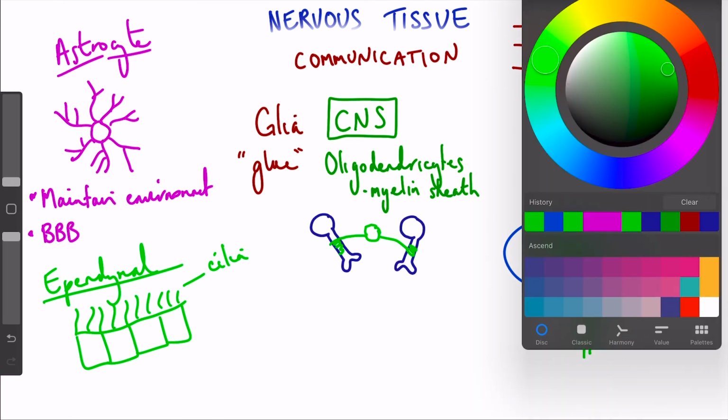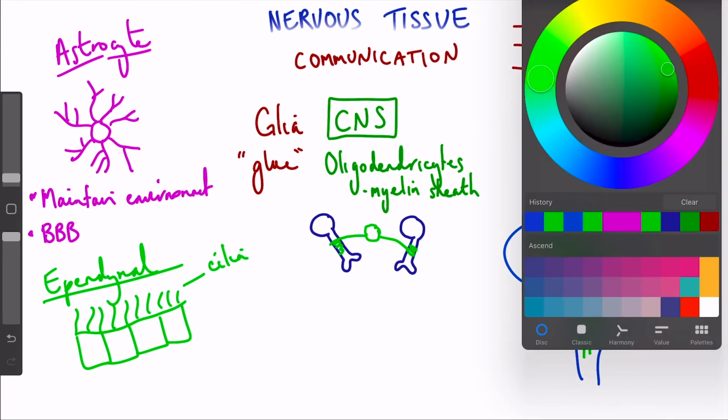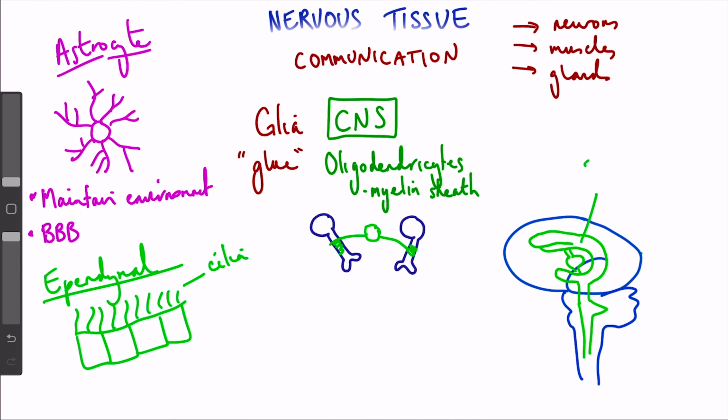Like that. And they move through the deep aspect of the brain, they move through the brain stem, and they move through the cerebellum like this. So these hollowed out structures are called ventricles. And you've got two lateral ventricles, you've got a third ventricle, and you've got a fourth ventricle.